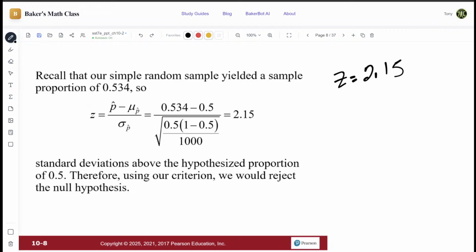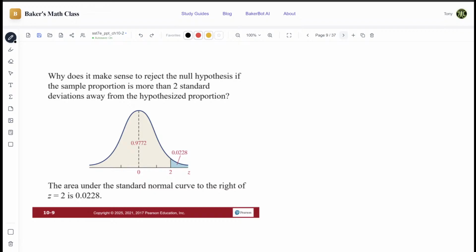That's bigger than 2. So it falls in that little piece right there.